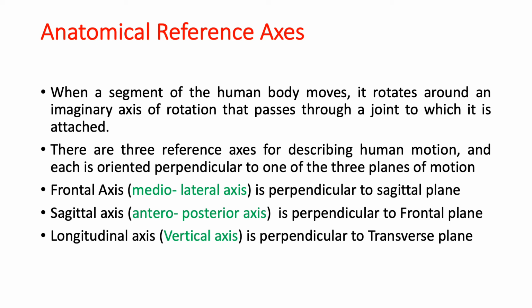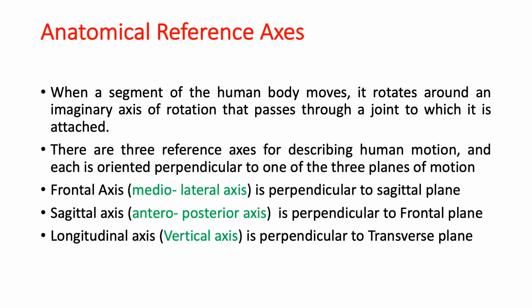Once you understand all 3 planes, then go for axes. Now these are vice versa things. The frontal axis will always be perpendicular to the sagittal plane. You know the sagittal plane? The sagittal plane will always have a frontal axis, number 1. Number 2, the frontal plane will always have a sagittal axis.